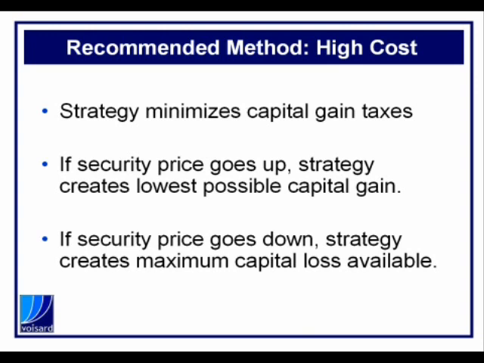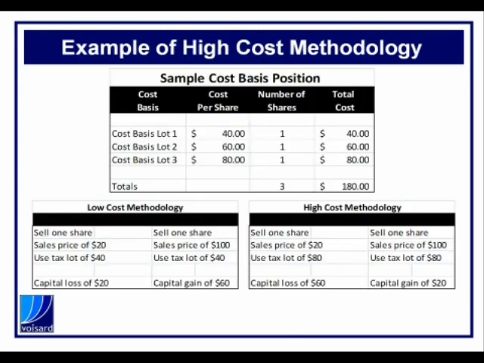And if the security price goes down, the strategy creates the maximum capital loss. So in the first case, you pay the lowest amount of tax. In the second case, you get to utilize the largest loss to offset other gains or to reduce your income taxes by the allowable $3,000 of regular income. So we're going to recommend that you use high cost as the methodology.